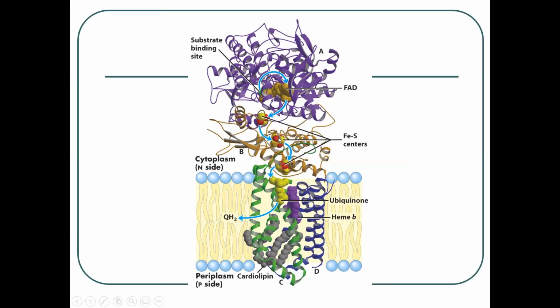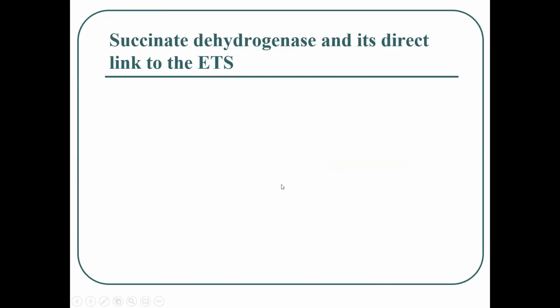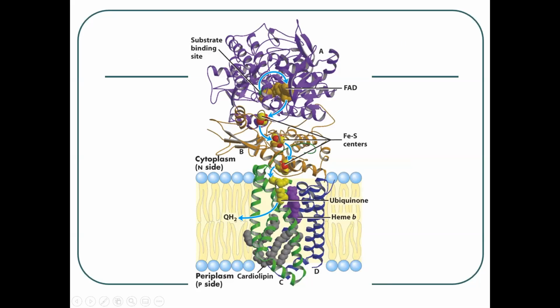You're going to pump protons out this way. Your ubiquinone is here, and the ubiquinone will also have to pick up more protons from the cytosol. You'll pump protons out into the intermembrane space. Notice also that cardiolipin, interestingly, is a structural component of this protein.